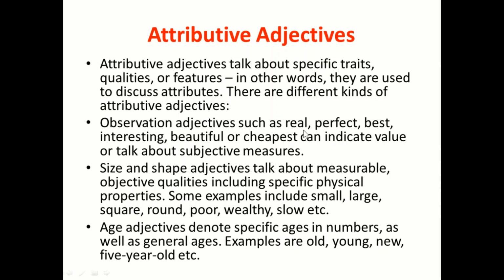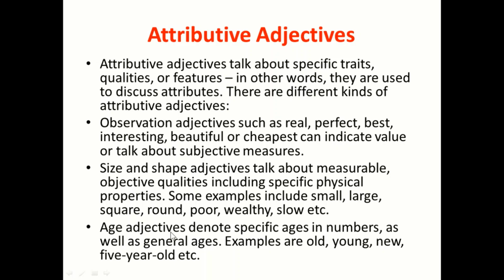Observation adjectives such as real: when you observe something, oh, it is real, it's perfect, it's the best. Interesting, beautiful, or cheapest can indicate value or talk about subjective measures. Also attributive are size and shape adjectives, which talk about measurable qualities including specific physical properties. Some examples include small, large, square, round, poor, wealthy, and slow.